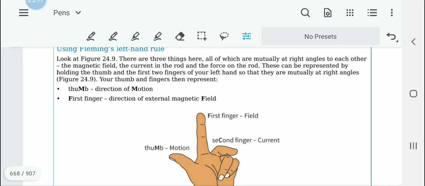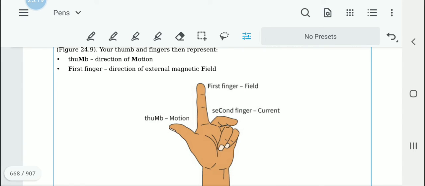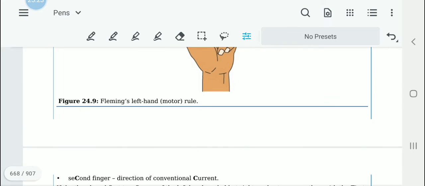Please draw this diagram and explain what they mean. Thumb motion, first finger field, second finger current.